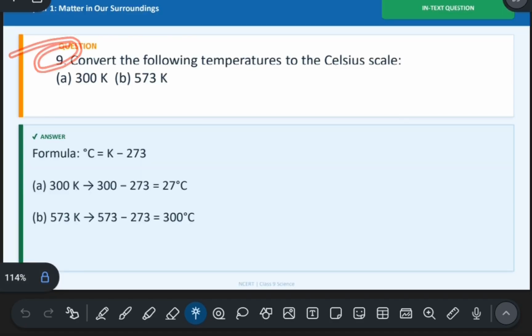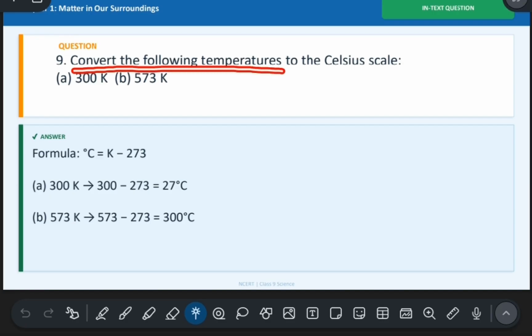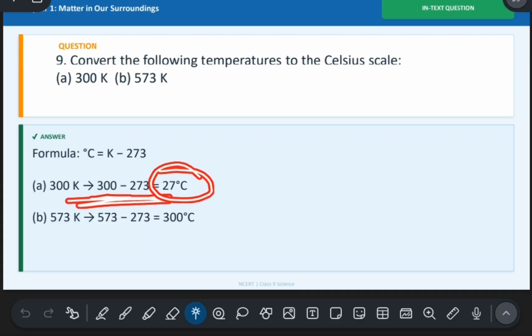Now question number 9. Convert the following temperatures to Celsius scale. 300 Kelvin. So the formula is Celsius is equals to Kelvin minus 273. So 300 minus 273 is 27.